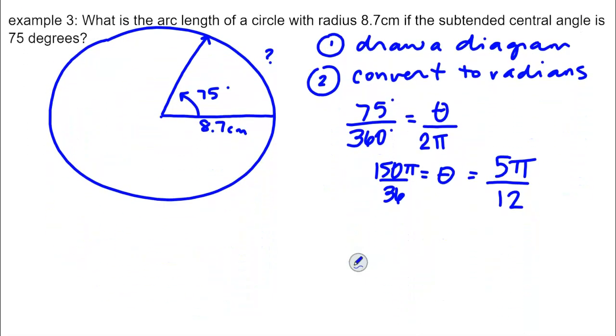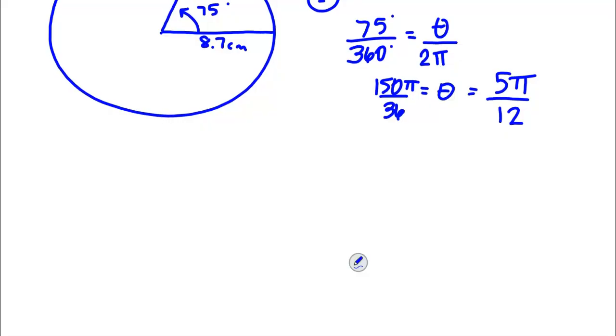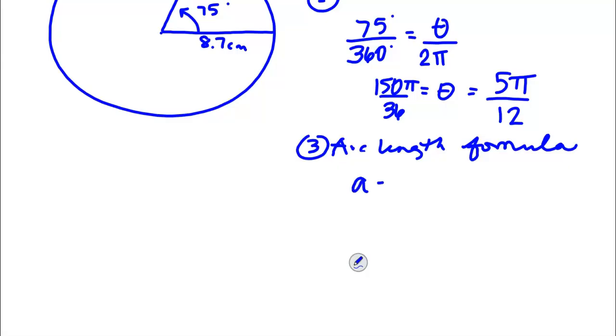All right, let's get some more room here. Then step 3, we're going to use the arc length formula, which simply says that the arc length is equal to radius times the central angle in radians.